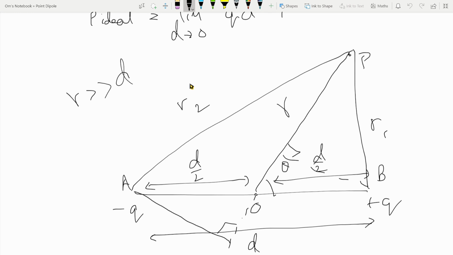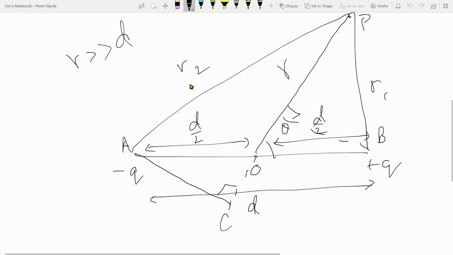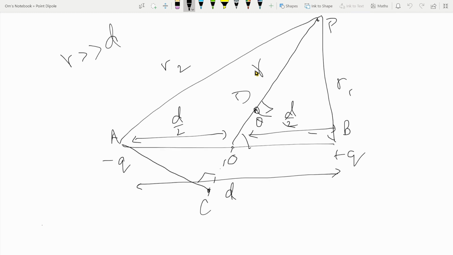Let this point down over here be point C, and the point up over here be point D.